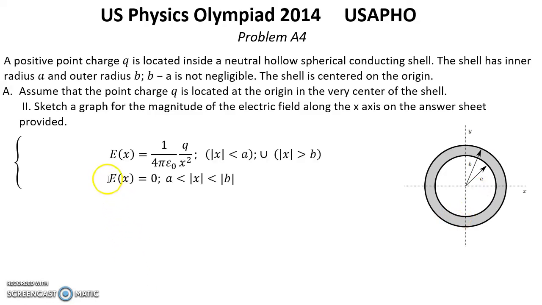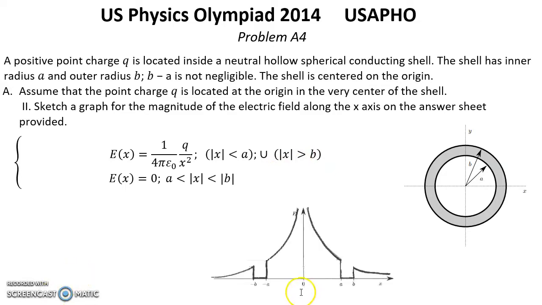And finally we have this expression for the electric field for question 2, and let's sketch it. Here we have a graph for this behavior where we have two parabolas from the right side and the symmetrical from the left side with a zero between negative b and negative a and the positive a and the positive b. That's the answer for question 2.